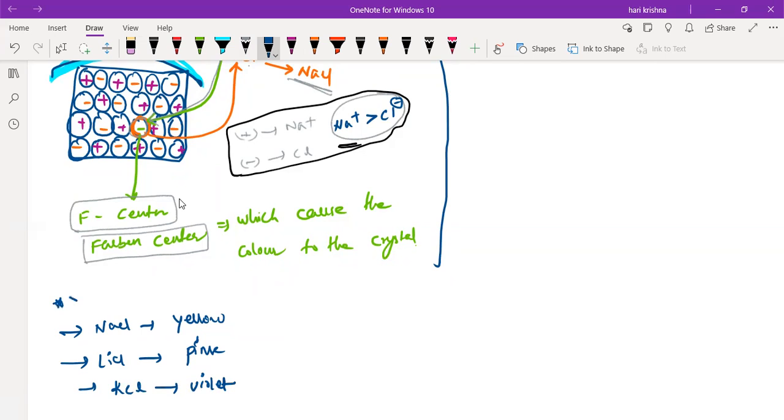So these are the three crystals which get different colors when heated in their respective vapors. This is all about the metal excess defect.